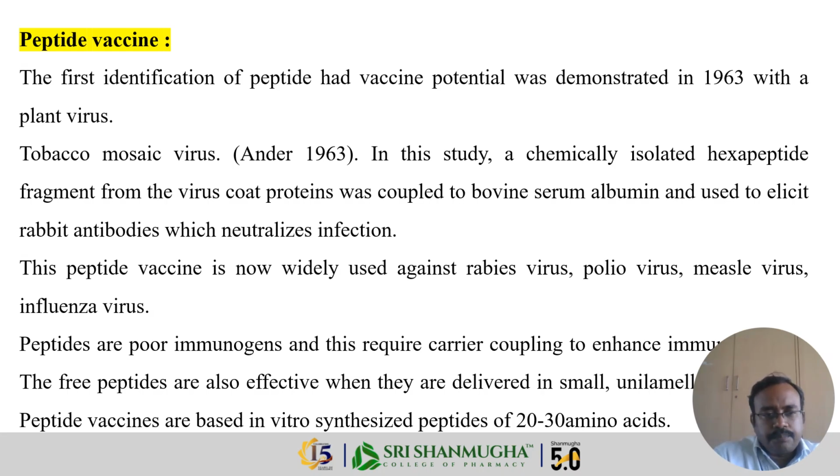Peptide vaccines are now widely used against rabies virus, polio virus, measles virus, and influenza virus. Peptides are poor immunogens and require carrier coupling to enhance immunity. Free peptides are also effective when delivered in small unilamellar vesicles. Peptide vaccines are based on in vitro synthesized peptides of 20 to 30 amino acids.